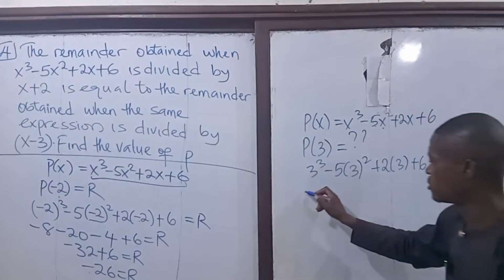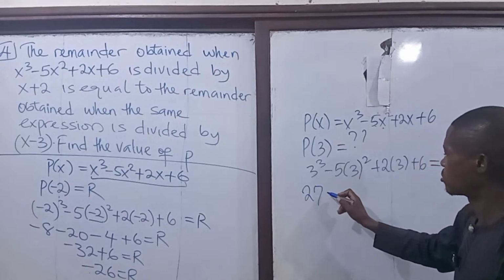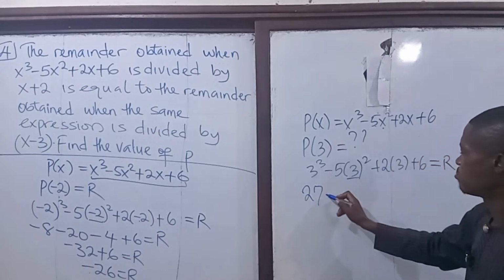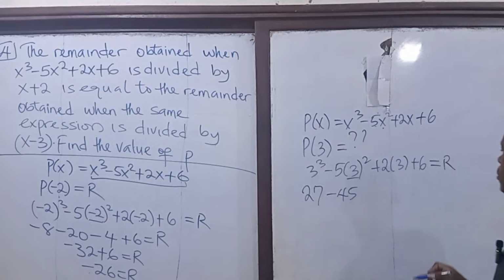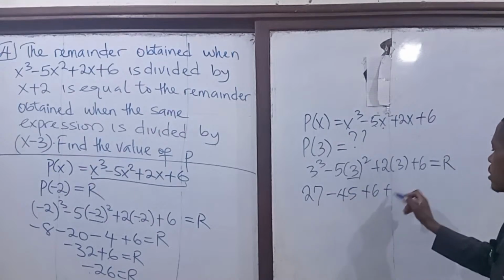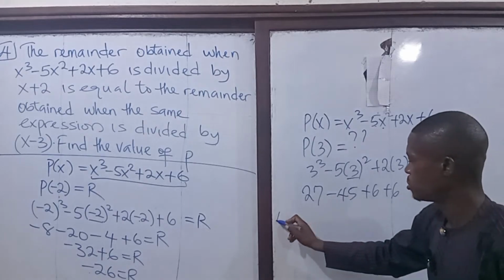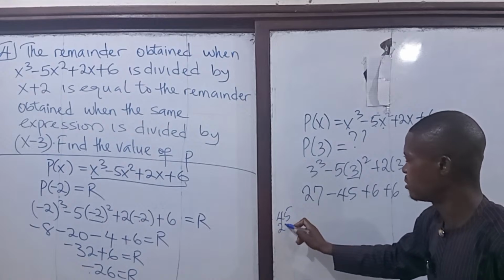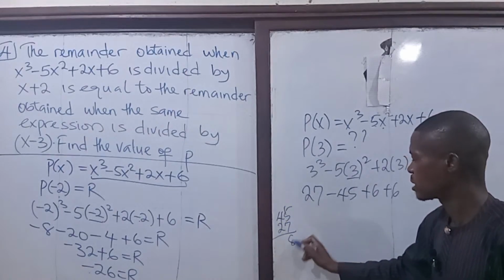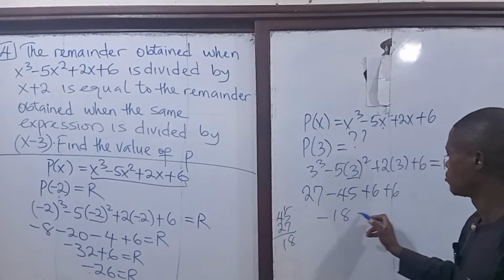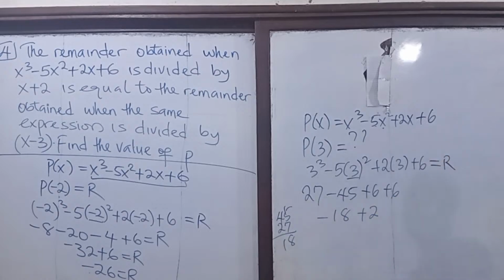And that will be 27 minus 3 squared is 9, minus 45, plus 6. So this will be equal to 27 minus 45, that's minus 18, plus 12, 6 plus 6, that's 12, and that's giving us minus 6.